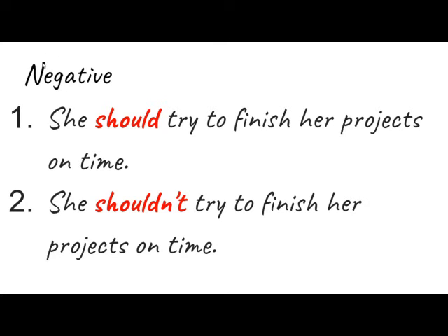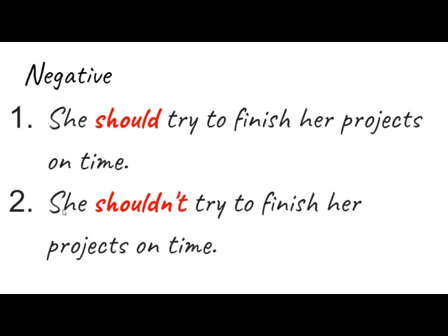In negatives, you have to change only the modal in negative. This sentence is affirmative. She should try to finish her projects on time. Now, change in negative. Cambia negativa. Very good. Usted solo tiene que cambiar el modal en negativo.